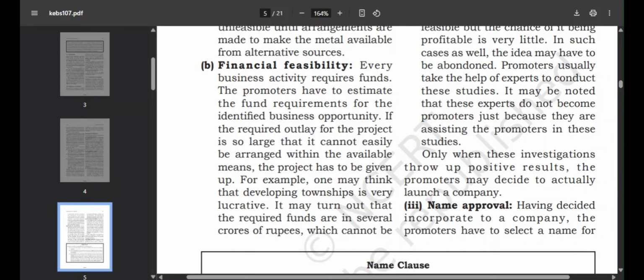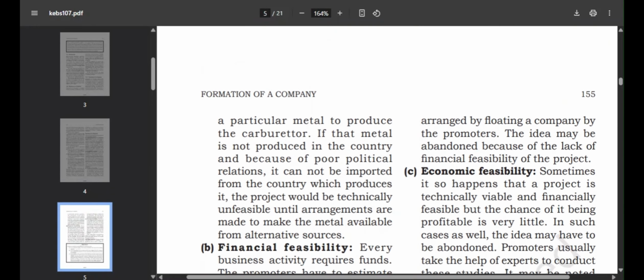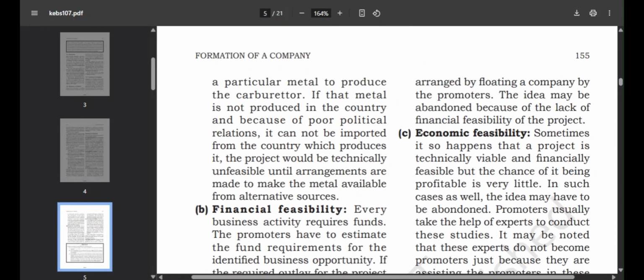But it may turn out that the required funds are in several crores, which cannot be arranged by floating a company by the promoters. Floating a company means listing the company, registering the company. So the idea may be abandoned because of lack of financial feasibility of the project.